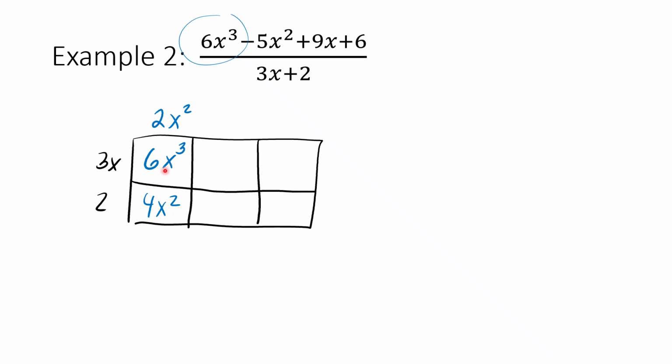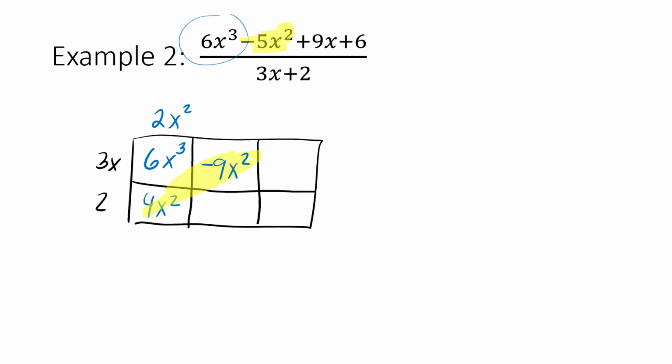On my diagonal right here, I have my other x squared term. And together, those need to add up to negative 5x squared. So I know that would have to be, what, negative 9x squared?